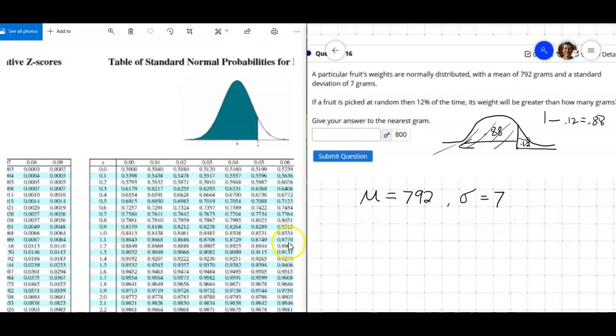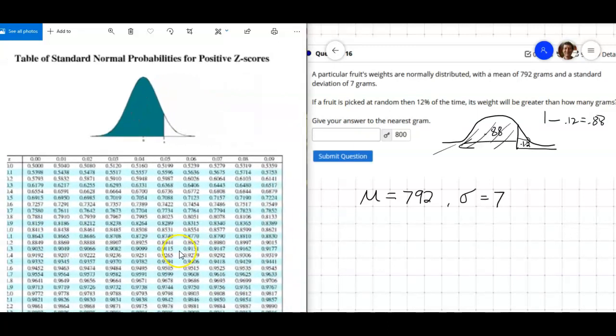In this case, these two numbers, the 0.8790 and the 0.8810, are equally far from 0.88. So either of these answers will be about the same error of approximation. Hopefully they give the answer to the nearest gram. Either one of these will work.